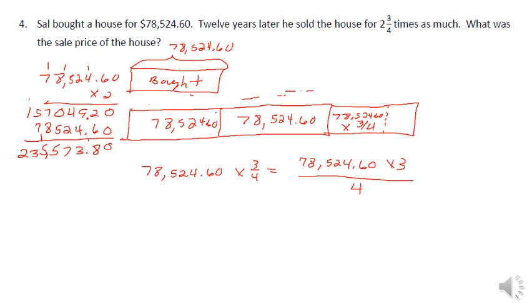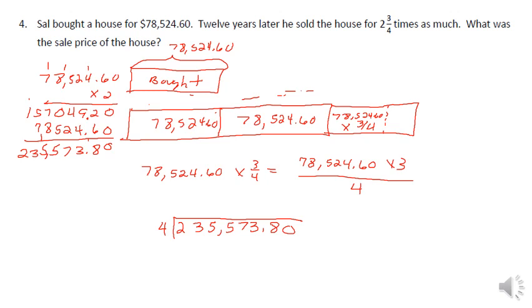So now we're going to take that value, 235,573.80, and we're going to divide that whole large number by 4.